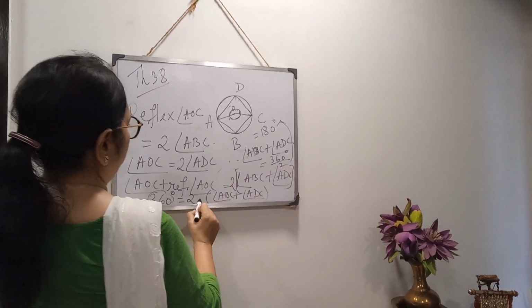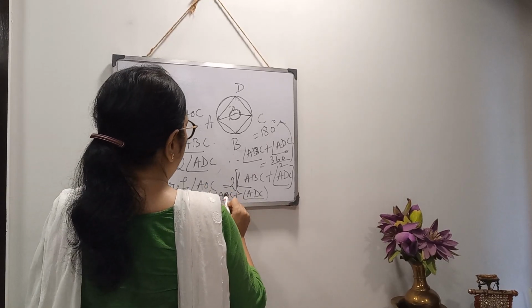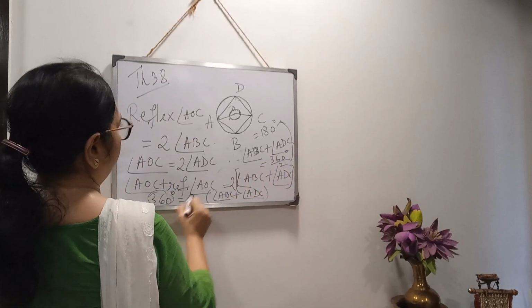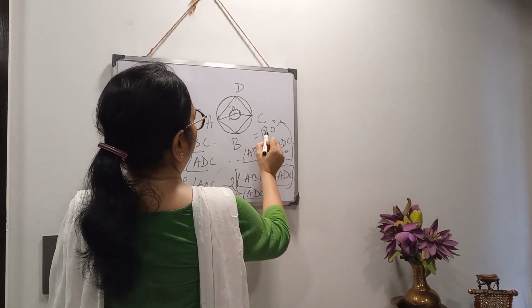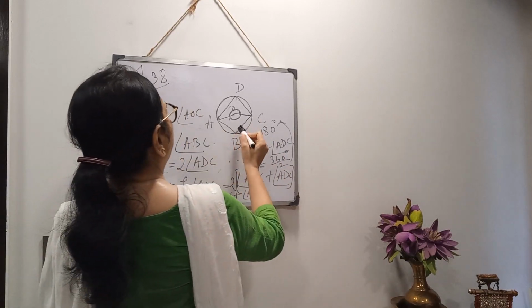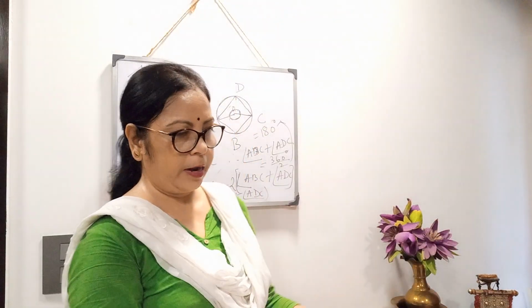So 360 equals twice ABC plus ADC. Now we have to prove that ABC plus ADC equals 180. Now divide 360 by 2. 360 by 2 we get 180 degrees. Clear? In a similar way you can prove that BAD plus BCD equals 180 degrees.